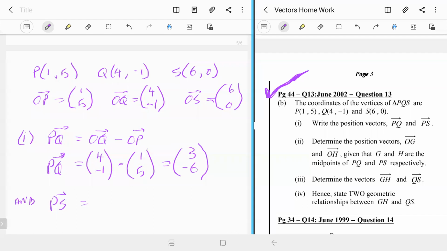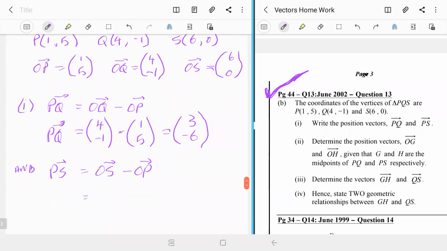O times the last minus O times the first is OS minus OP. O times the last, which is that, minus O times the first, which is that. So this therefore is equal to OS, which is 6, 0, minus OP, which is 1, 5.